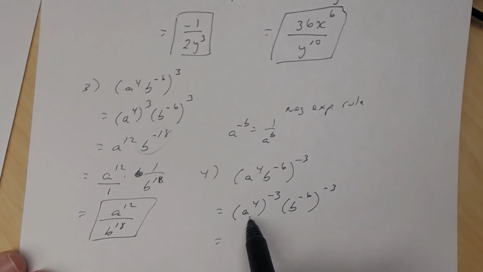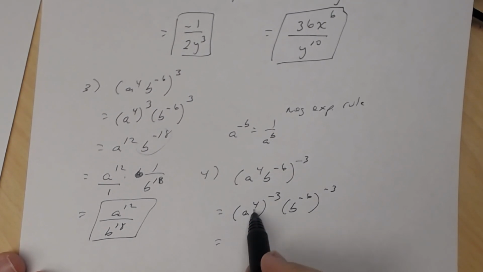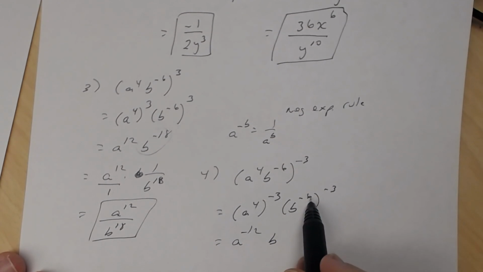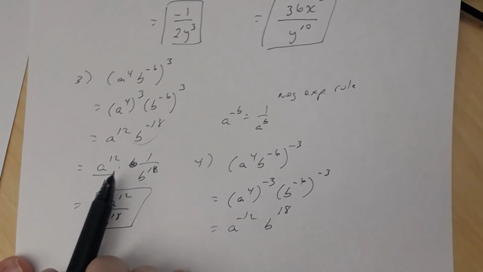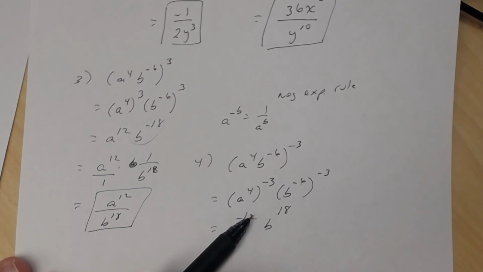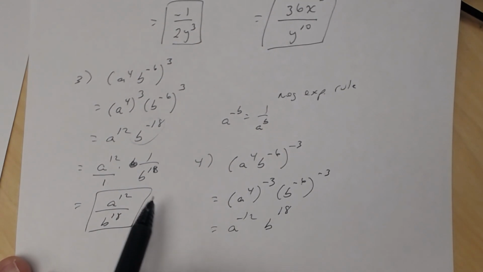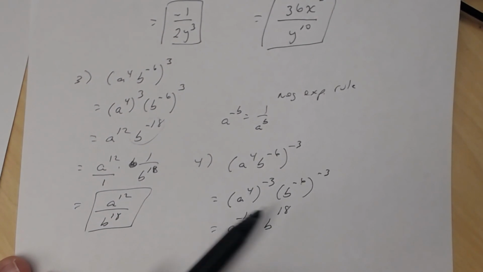So a to the 4th raised to negative 3rd, you're going to say 4 times negative 3. When you have a power raised to a power, you multiply exponents. So that's a to the negative 12th times b to the, and negative 6 times negative 3 is 18. Notice the only difference is that here the exponent of a was positive and here it is negative, and here the exponent of b is negative and here it is positive.